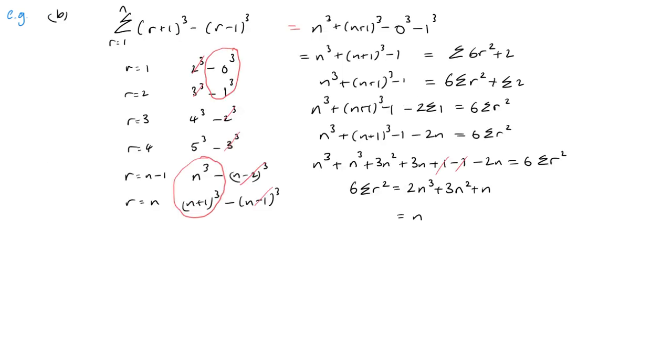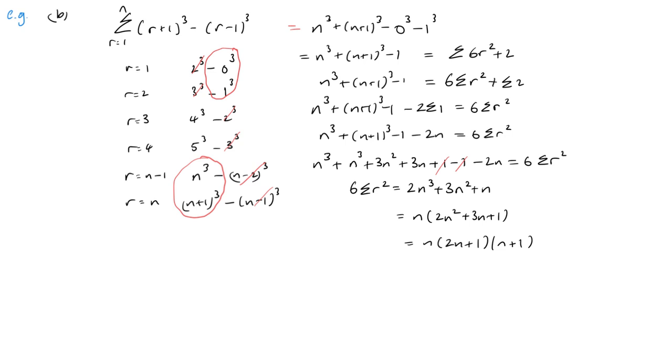Now we can factorize out an n, leaving me 2n squared plus 3n plus 1. And then this will factorize hopefully into 2n and n, and a 1 and a 1, plus and a plus. So that's 2n squared plus 2n plus n is plus 3n, and this is plus 1.